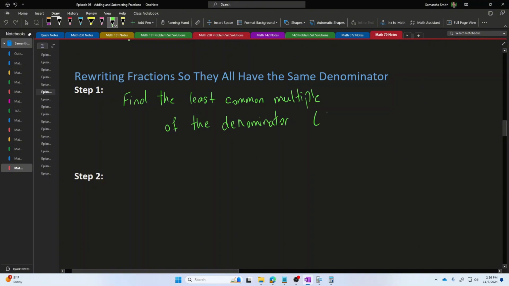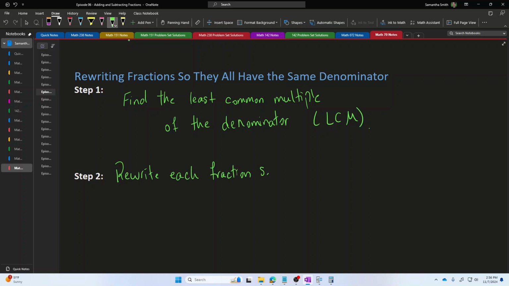I shall call it the LCM for short. Once you've found this number, rewrite each fraction so it has that LCM as the denominator.